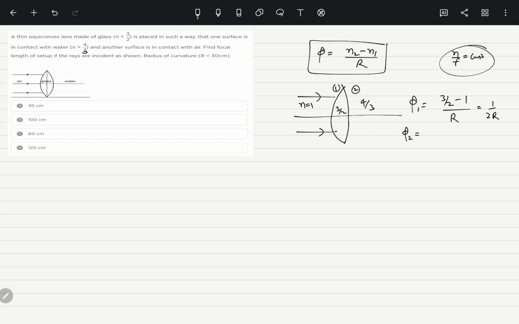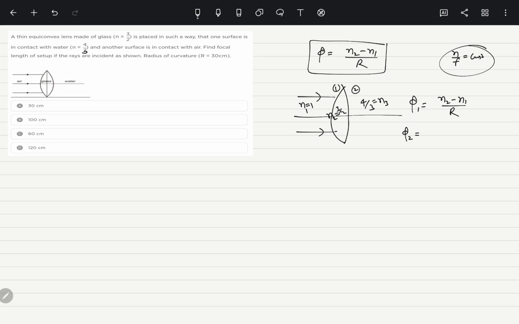Now what is phi2 then? Anyway, instead of calculating the phi1 value, I'll just try to get the phi value in terms of the variables. So n2 minus n1 upon r, I'm writing this one. This is my n1, this is my n2, and this is my n3.